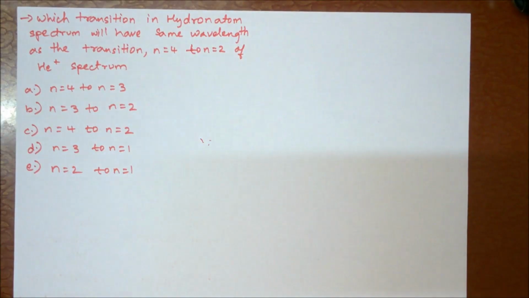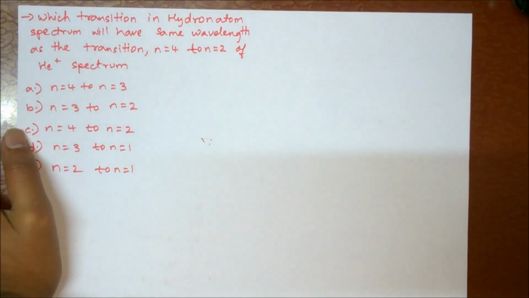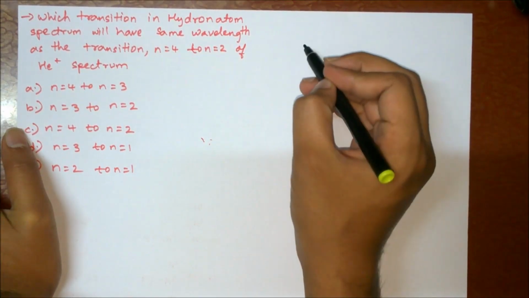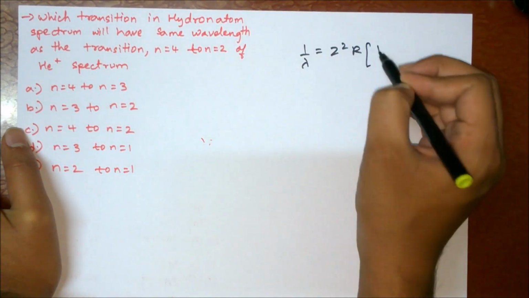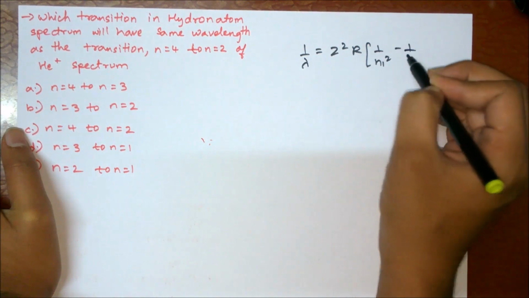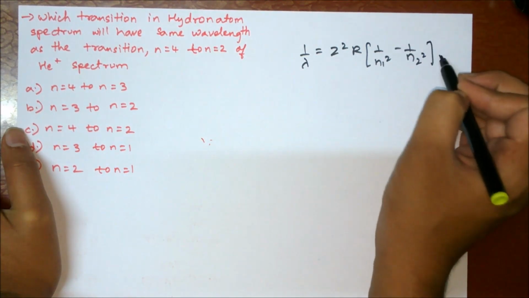Which transition in hydrogen atom spectrum will have same wavelength as the transition n equal to 4 to n equal to 2 of helium spectrum? For He+ ion, 1 upon wavelength is equal to Z square R times 1 upon n1 square minus 1 upon n2 square is the basic formula.